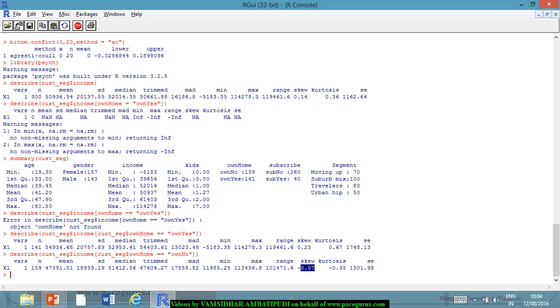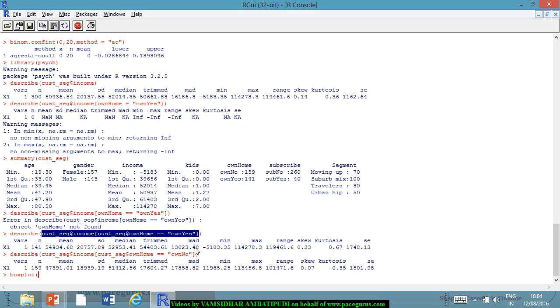Now I can either use the describe package like this, wherein I can compute the skewness levels, or I can go for a box plot or a histogram. Let's say box plot, the same thing.